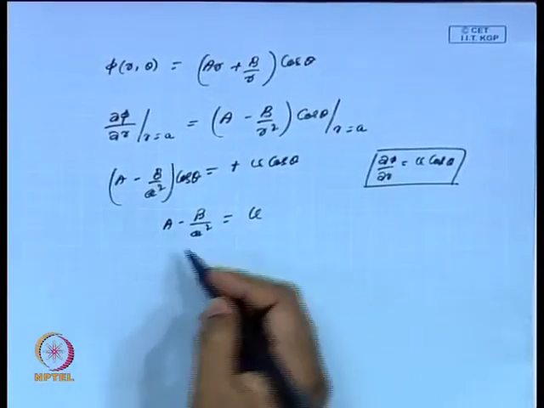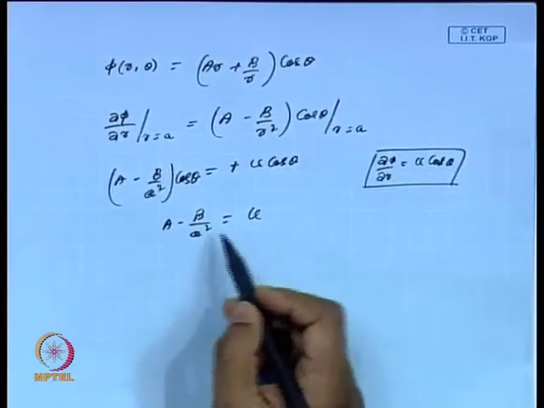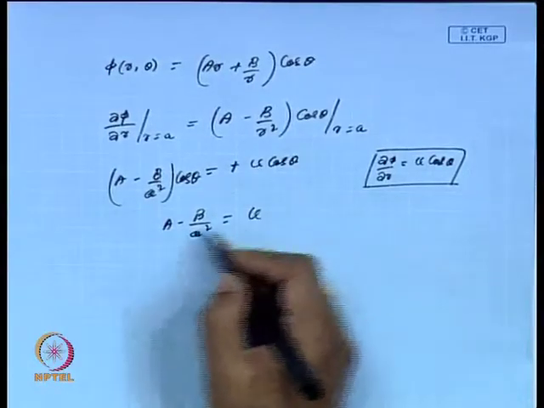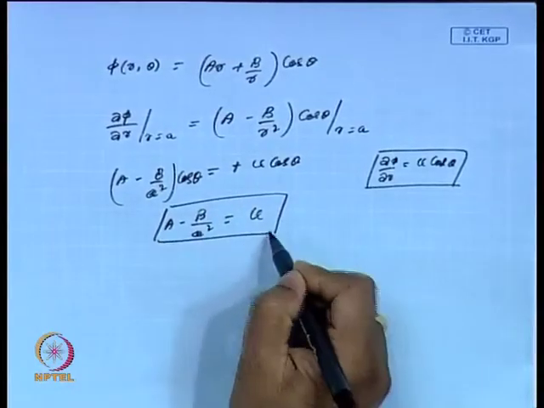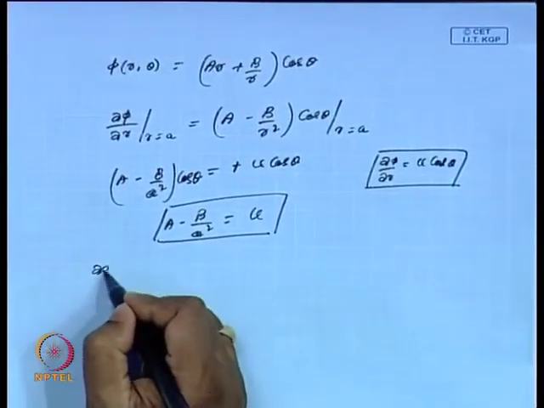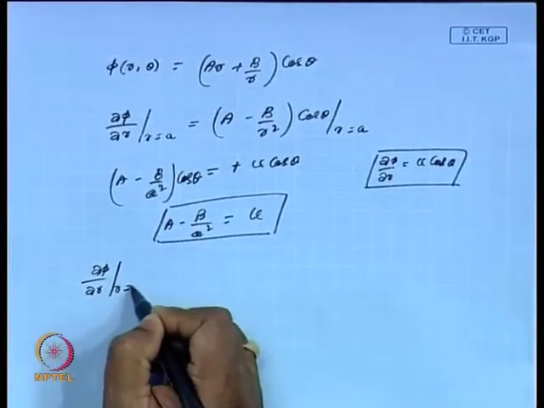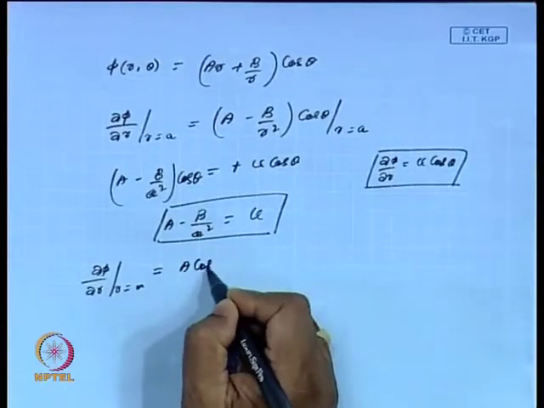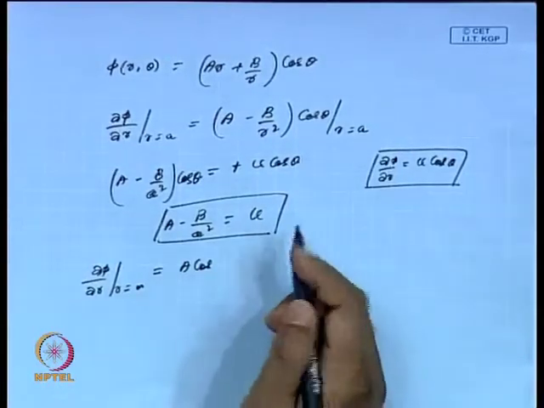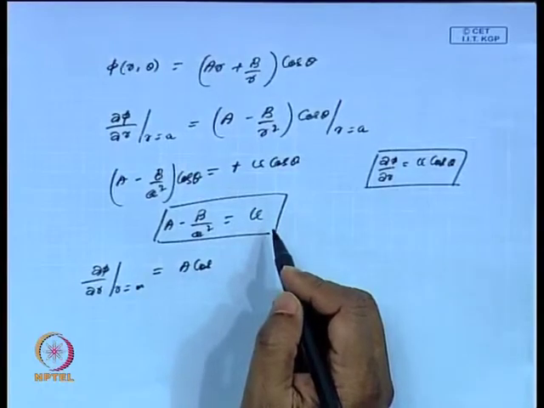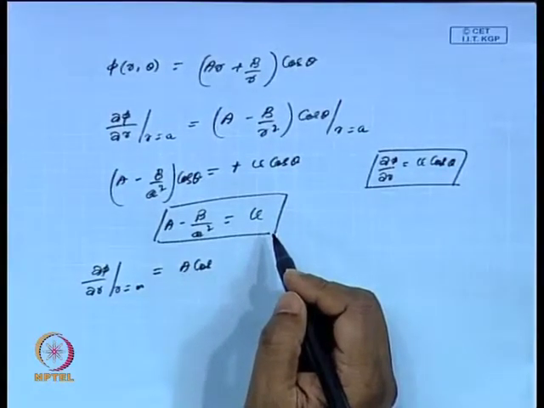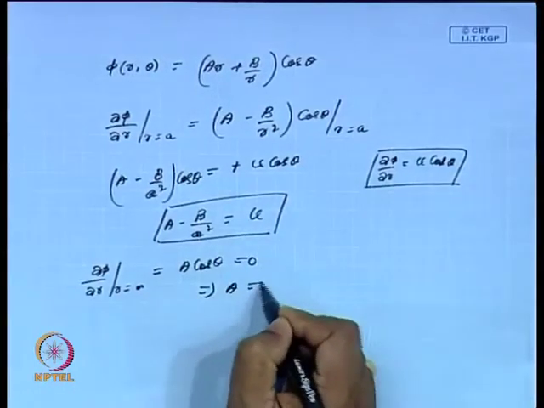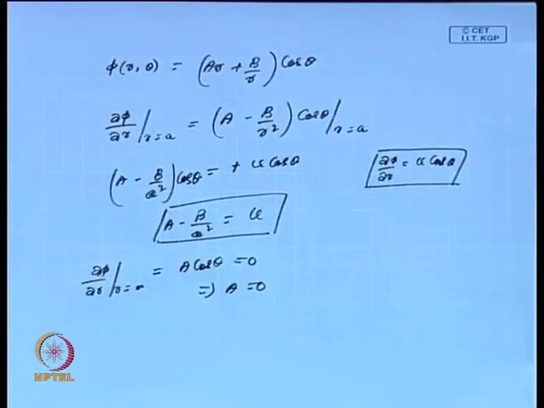So then what will happen? The first condition gives me minus b by a square is equal to u. The other condition gives del phi by del r at r is equal to infinity equal to a cos theta, and that is 0, which implies a is 0.